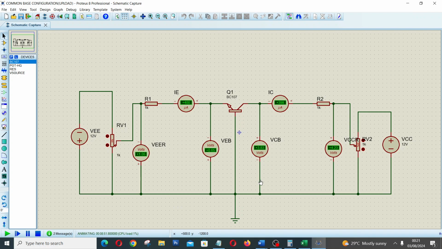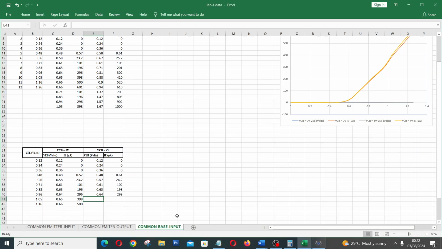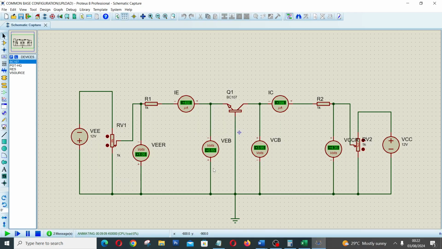At 1.05, let me adjust this to close to 4. At 1.05, VEB is 0.65 and this is 400 microamps. And last but not least, when this goes to 1.15, let me adjust this.